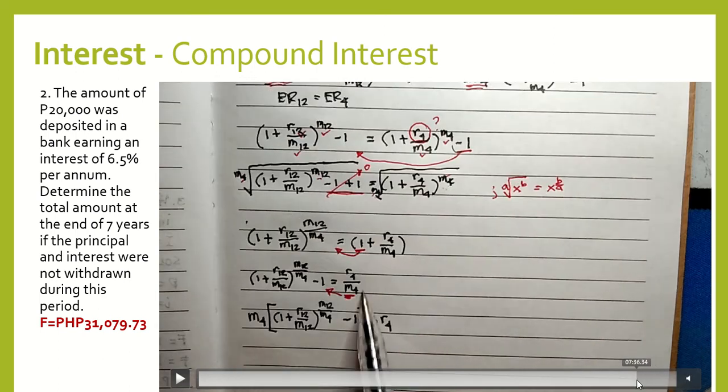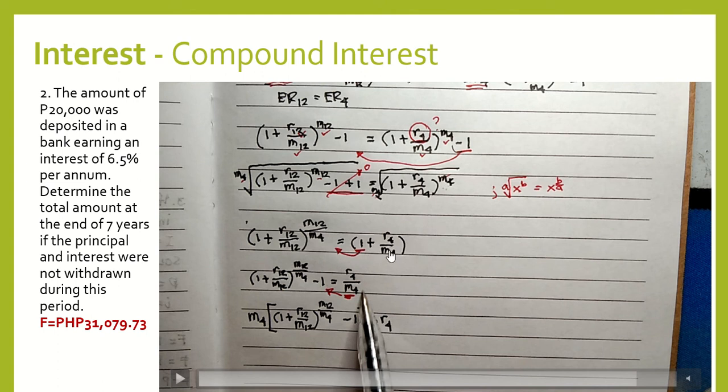Okay. By using transposition and cross multiplication, now we have transposed 1. Since we have eliminated the exponent, we can already remove the quantity here. So transpose 1, so it will become -1.